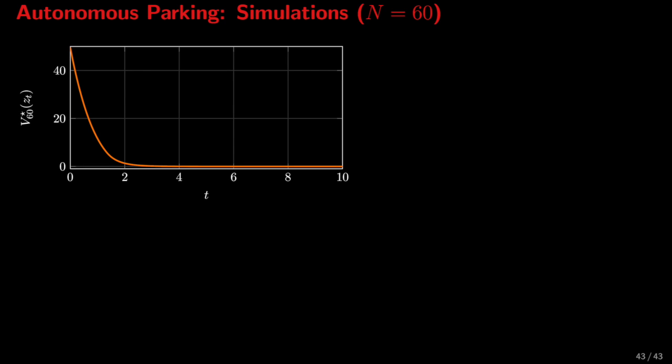The last plot shows V star 60 of the state of the system, which is like the energy of the system, and we see that this converges to 0. Recall that V star N, V star 60 in this case, serves as a Lyapunov function for the closed loop system.